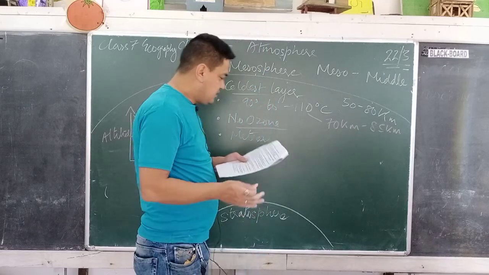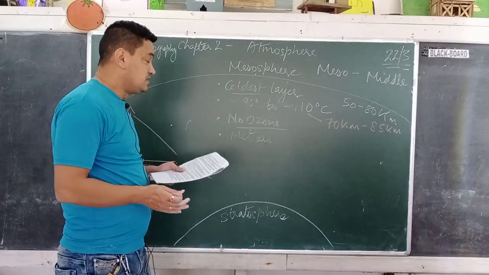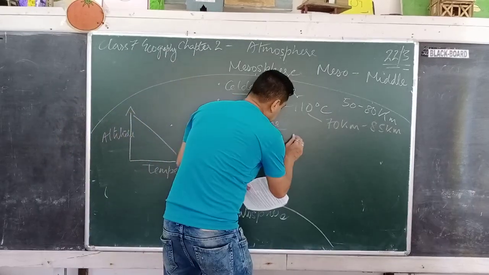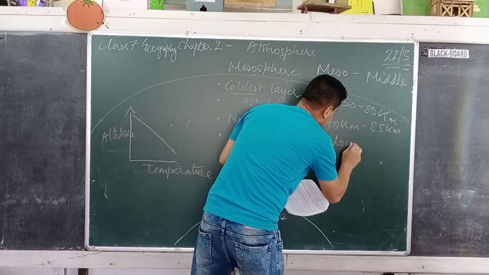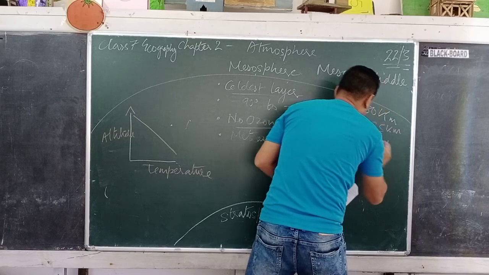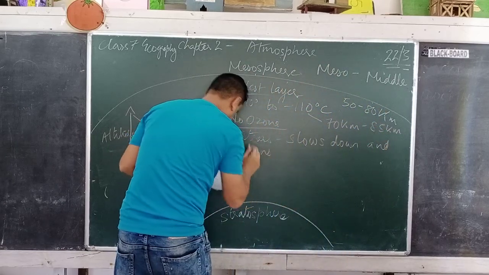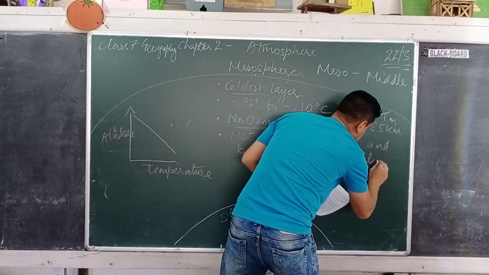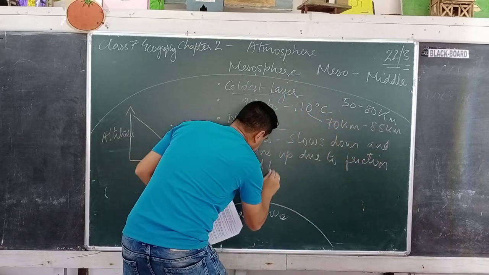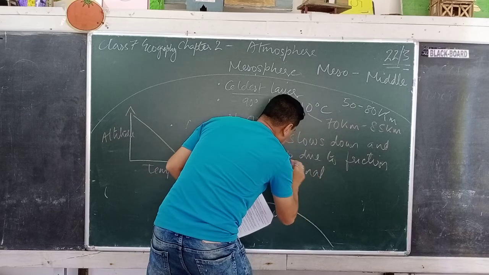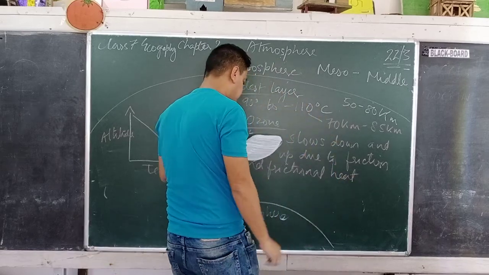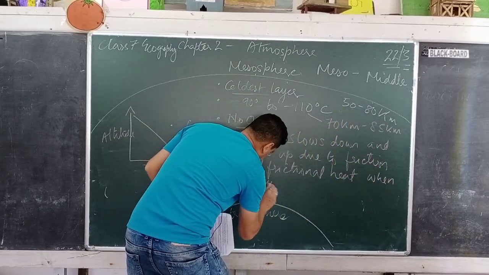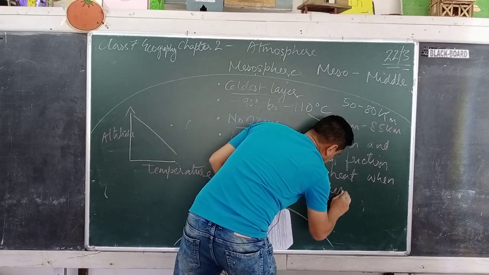This layer is of vital importance because meteors slow down and burn up due to friction and frictional heat, F-R-I-C-T-I-O-N-A-L, when they enter the mesosphere.